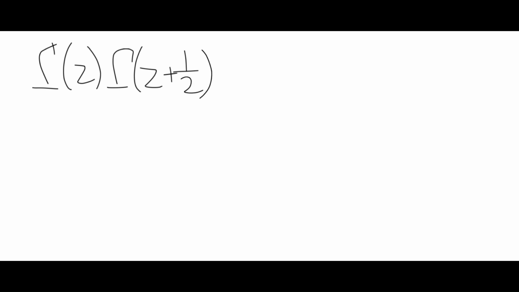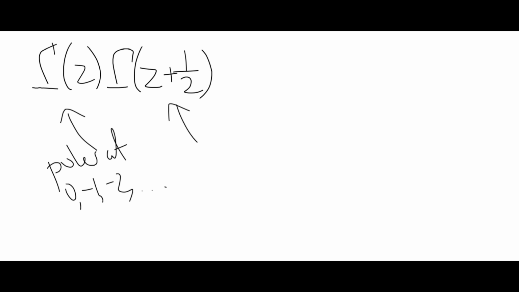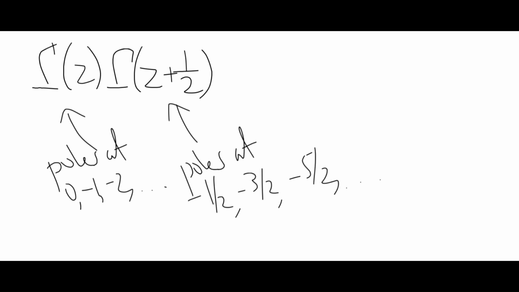Now we can also use the product formula for the gamma function to rewrite gamma of z times gamma of z plus 1/2. If you think about this function, the gamma z factor has poles at 0, -1, -2, and so on. And then the gamma z plus 1/2 has poles at -1/2, -3/2, -5/2, and so on.